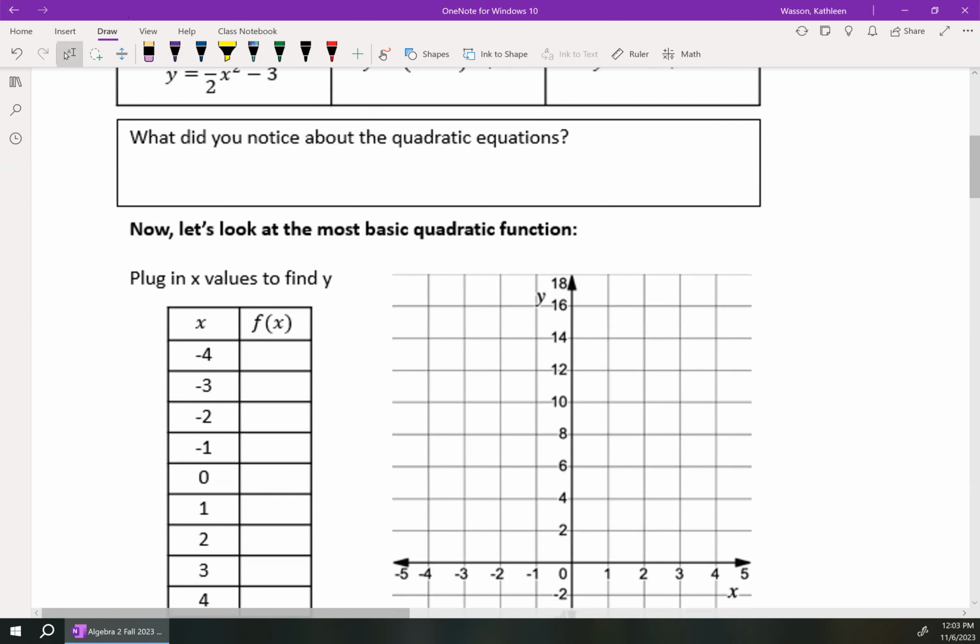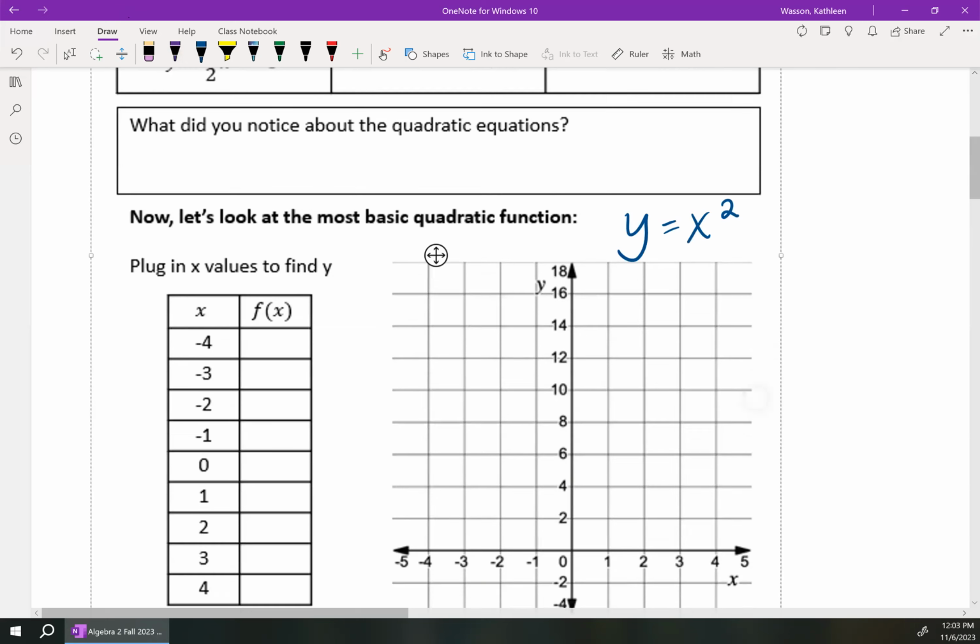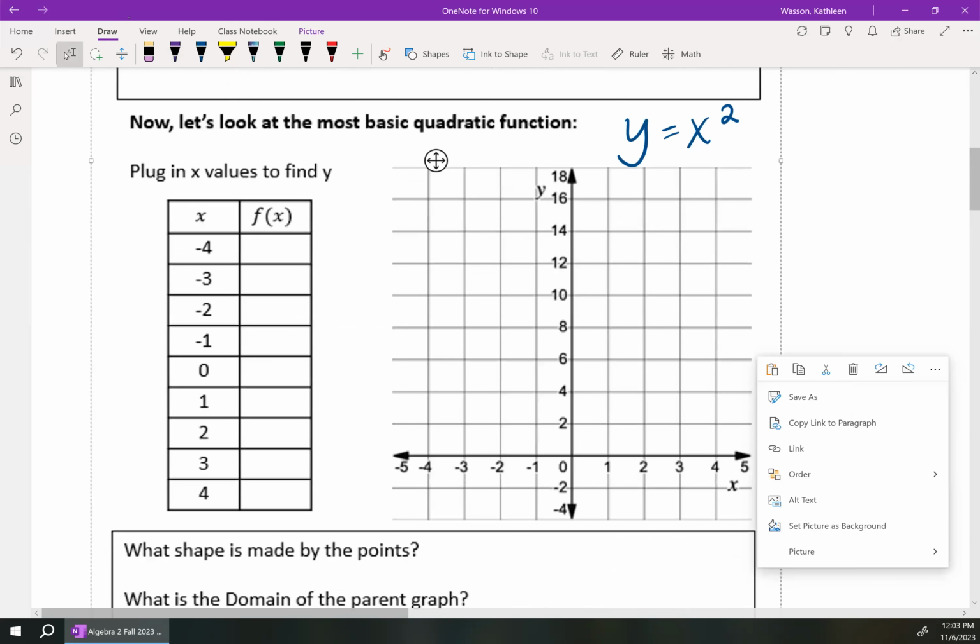Next, I want you to look at y equals x squared. If you'll put this in your calculator or into something that'll graph, or you can do the calculation, then you can substitute these values, or you can use your calculator and look at the table, and then you'll graph your equation here.